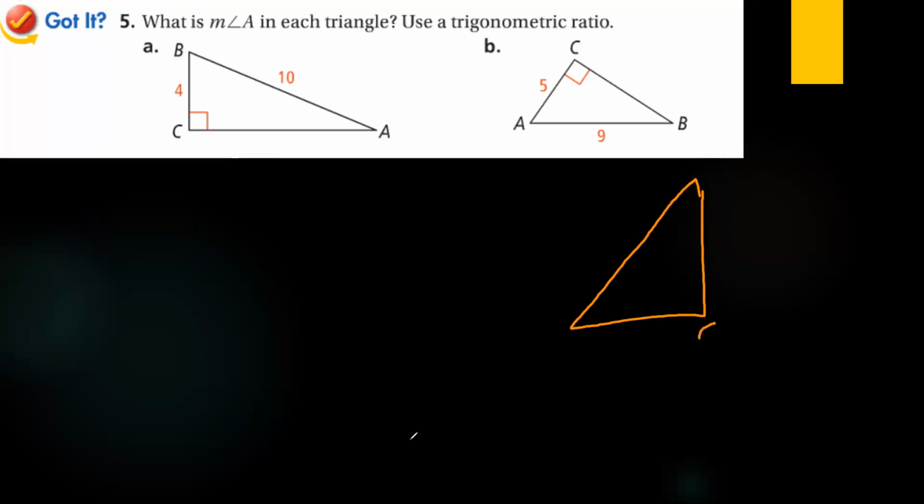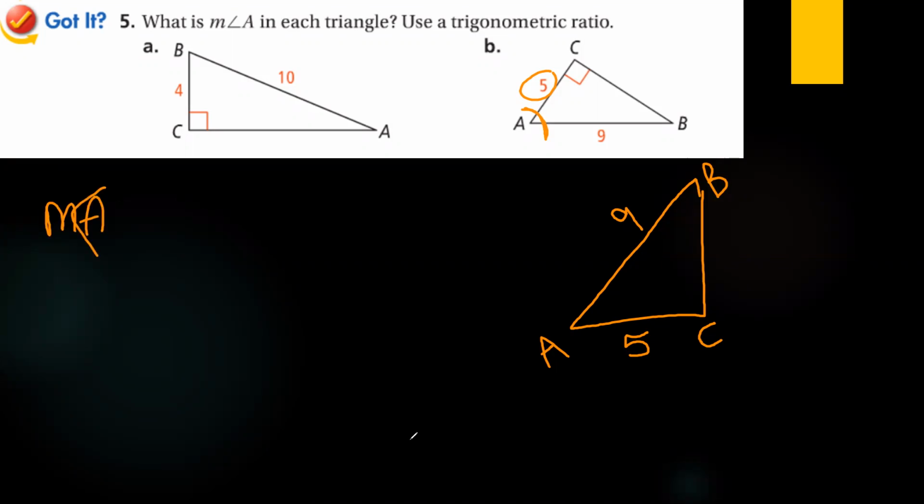This is C, this is A, this is B. Now, 9 will be the hypotenuse, which is the longest side. And this side AC is 5. I need now to find the measure of angle A.